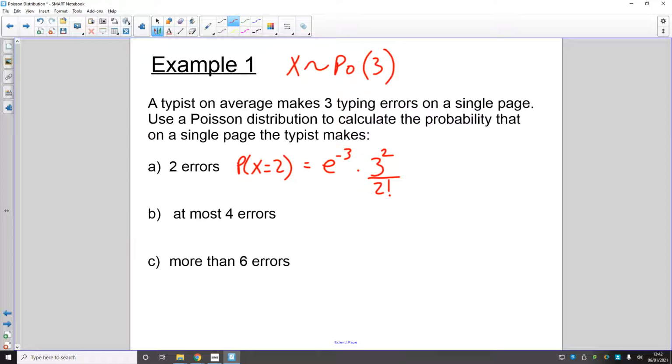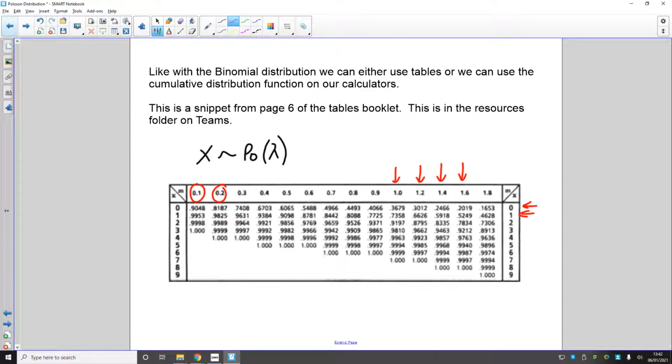Typing that in like we did last time on the calculator will get you 0.22404 and so on. So rounded correctly to 4 decimal places, we get 0.2240. And if I revert back to the tables on the previous page, you will notice that all the probabilities in this table are given to 4 decimal places.